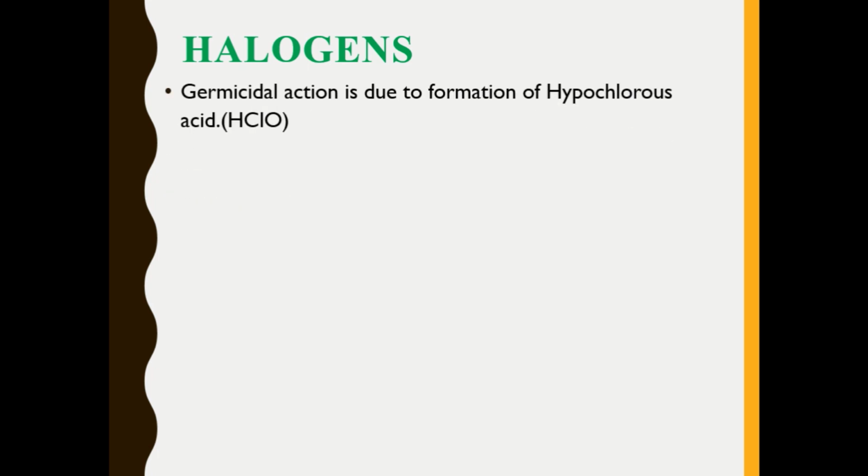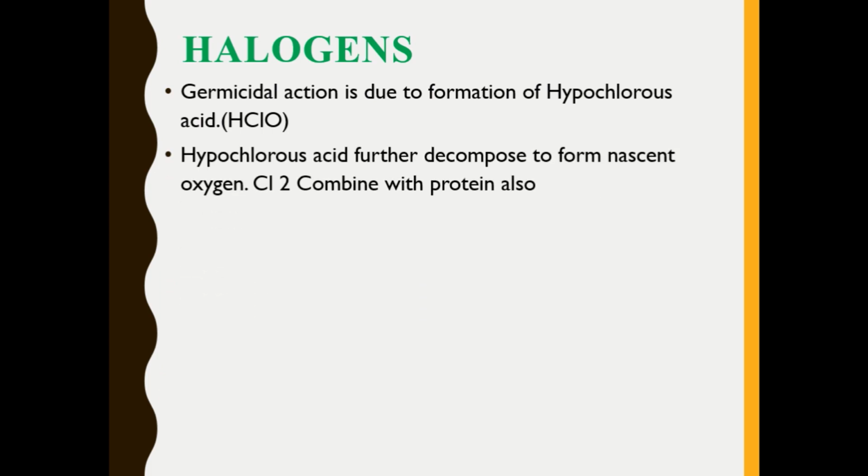These chlorine compounds have germicidal action mainly due to the formation of hypochlorous acid. When plain chlorine, Cl2, reacts with water, it results in the formation of HClO, that is hypochlorous acid. This hypochlorous acid further decomposes to form nascent oxygen, and it also releases free chlorine.